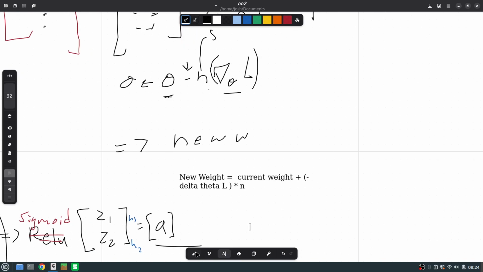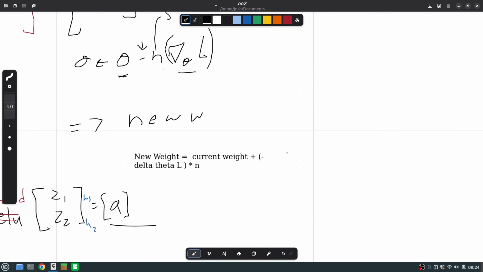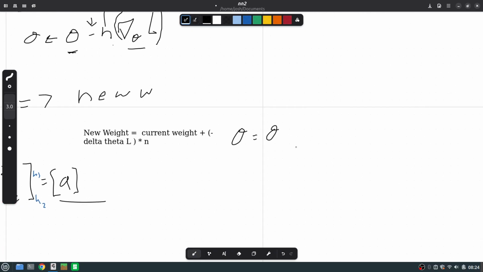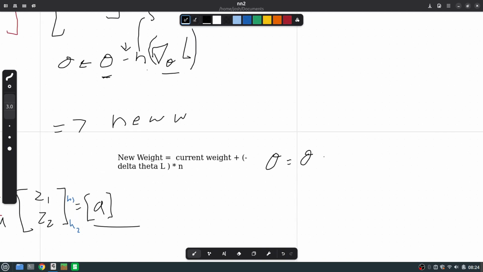So again, let me go over it for you. The new weight, we'll call it theta, is equal to the current weight, we'll just call this theta 2, not theta 2. Okay, bad language, but hopefully you get the idea. So the new weight is the current weight, minus in this particular case.